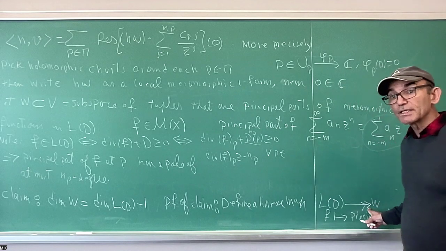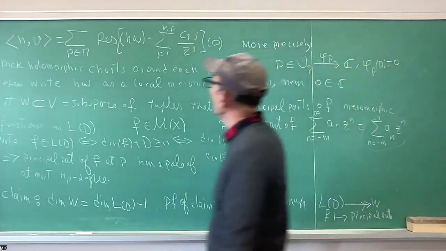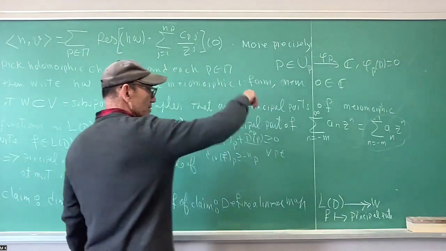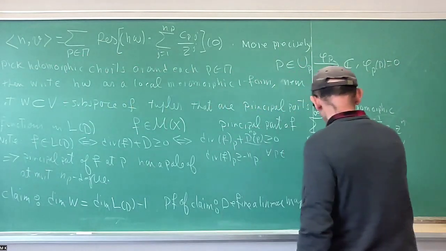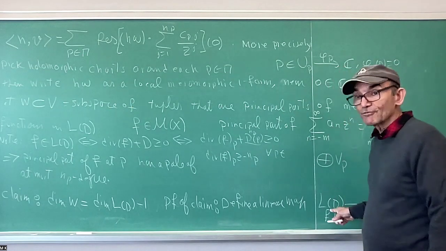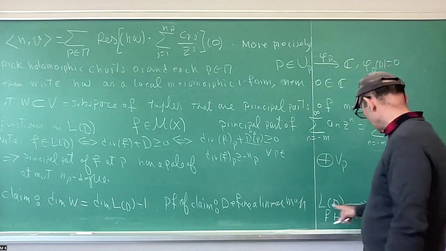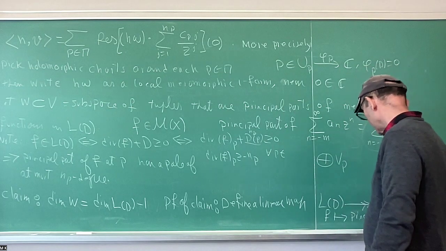Obviously this map is surjective, because I defined W to be those components in this direct sum of V_p that are obtained from some meromorphic function f. So this has to be surjective. There's no problem with surjectivity.